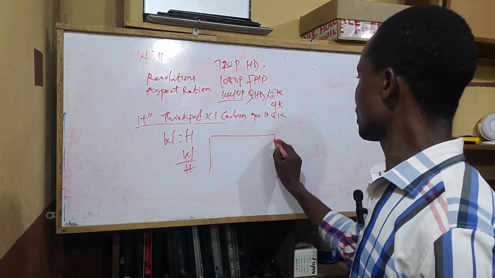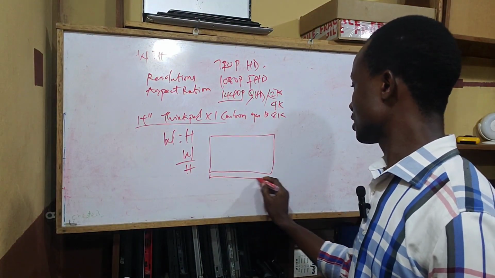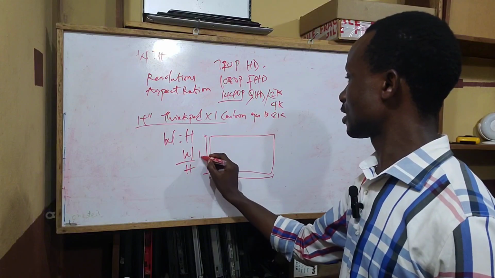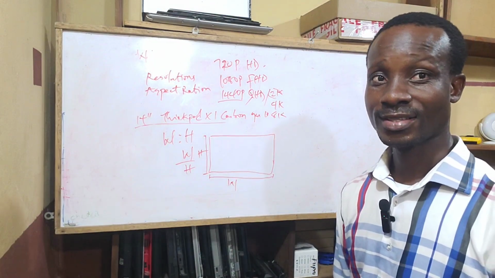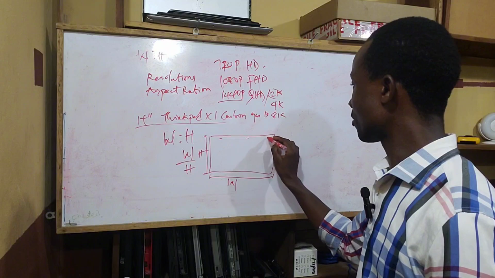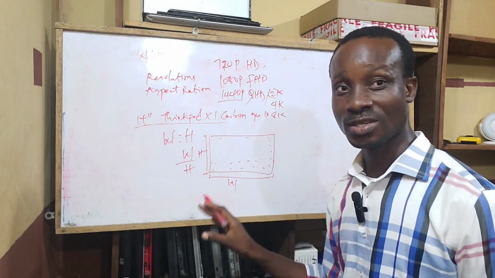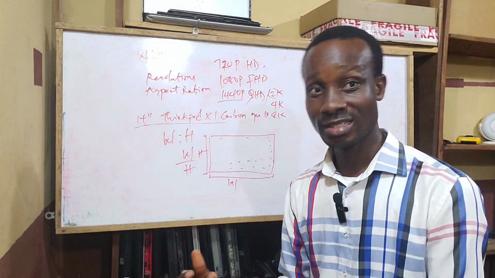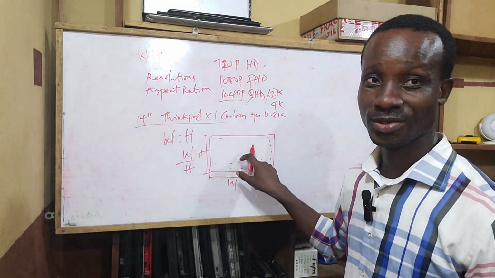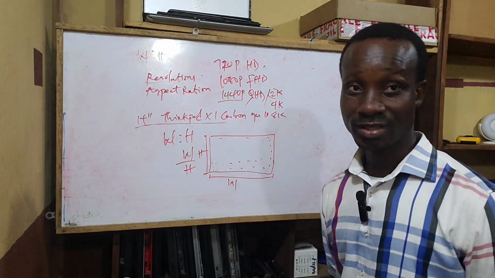This is the width, W, and here is the height, H. I've mentioned in the video that all the screens here are made of pixels, and these pixels are the ones that display the images. They are dynamic, so the total number of pixels determines the resolution of the display.